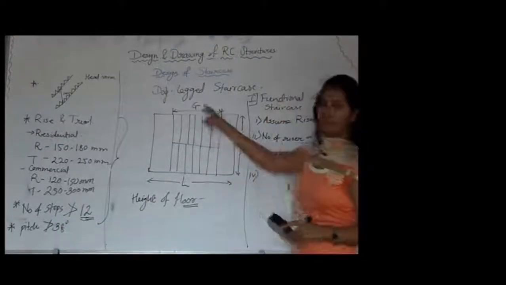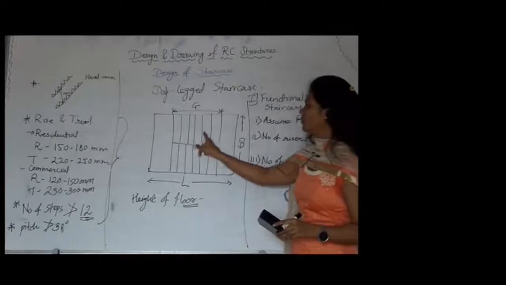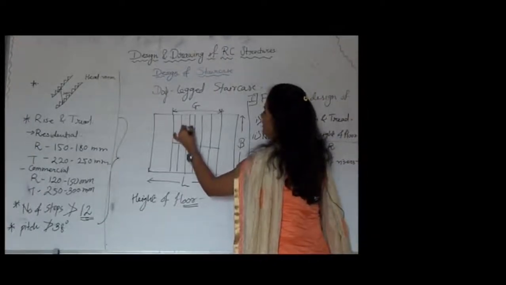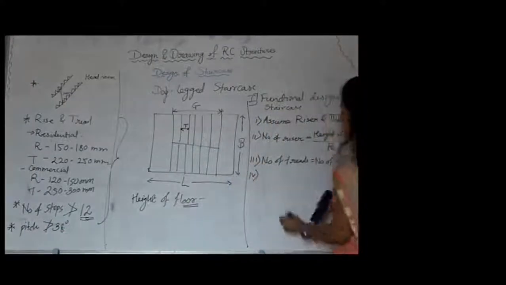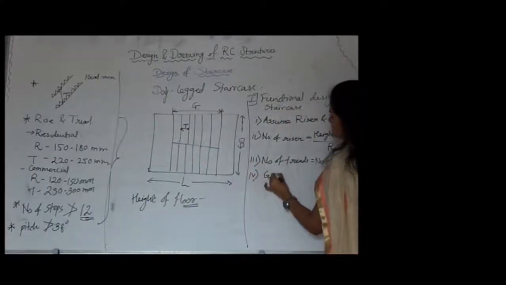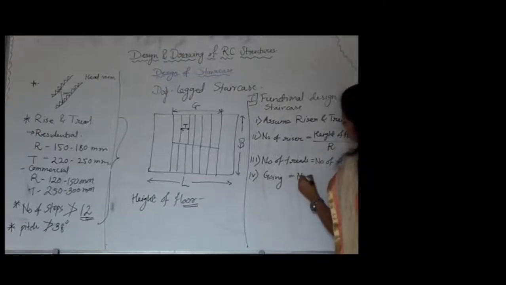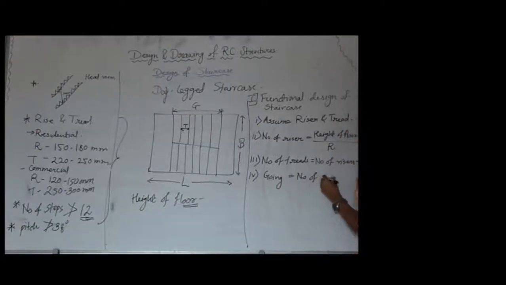So, the going will be number of treads into the tread dimension that we have assumed. So, your going distance will be equal to number of treads into the dimension of tread that we have assumed.